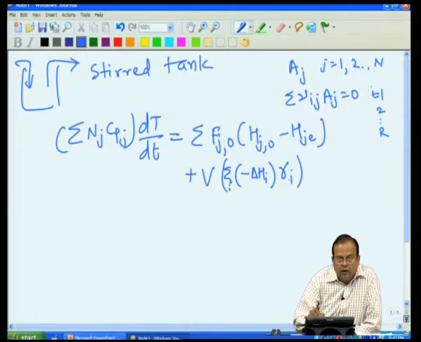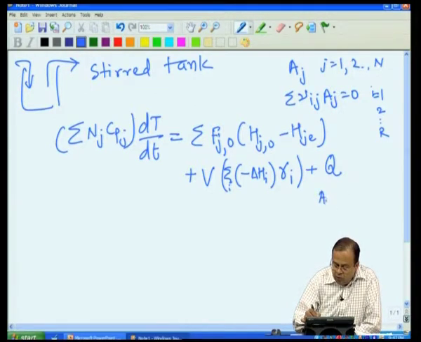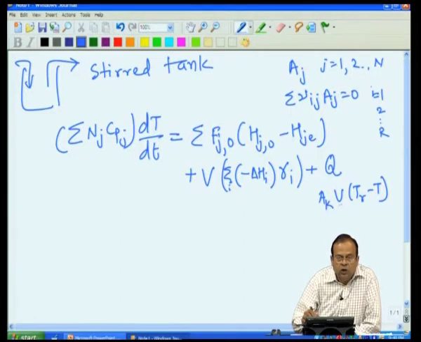So, that is the contribution of reaction plus whatever energy we are adding to the system. So, Q, for example, we can also write as Ak U (TR minus T), where Ak is the area for heat transfer, U is the overall coefficient of heat transfer, TR is the temperature of the coolant or the heating media that is in the jacket, which is transferring or adding heat, and T is the temperature. So, this is the energy balance for a stirred tank reactor.